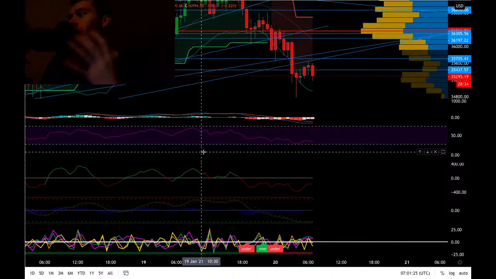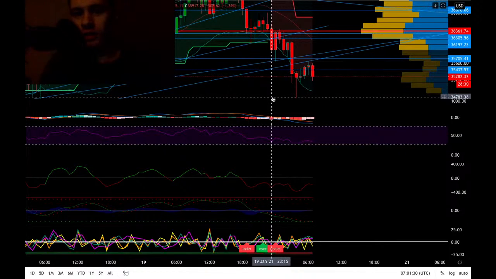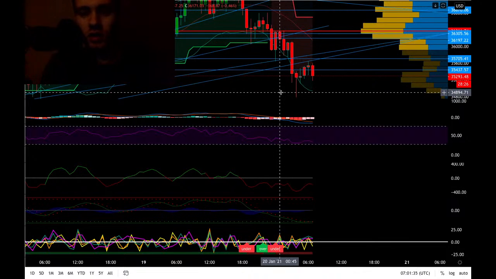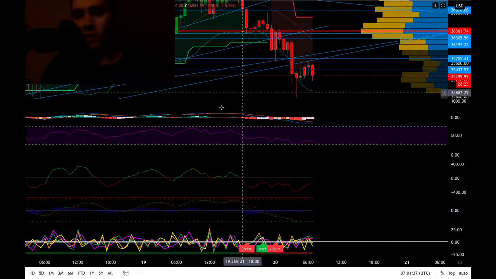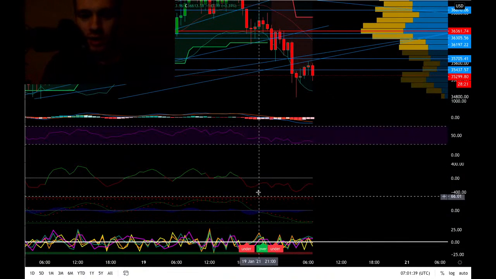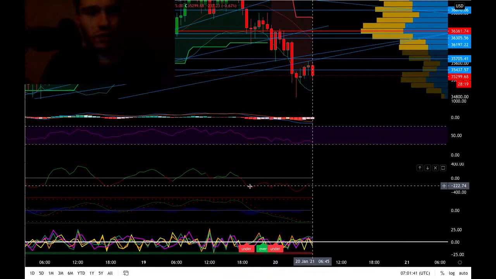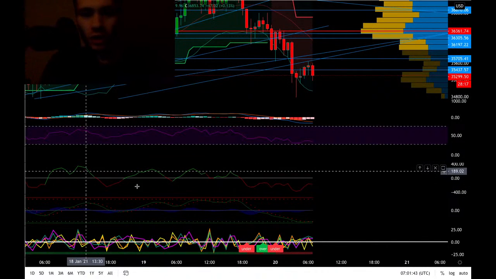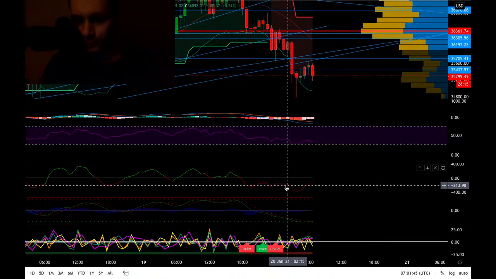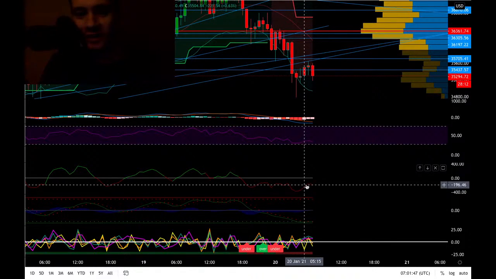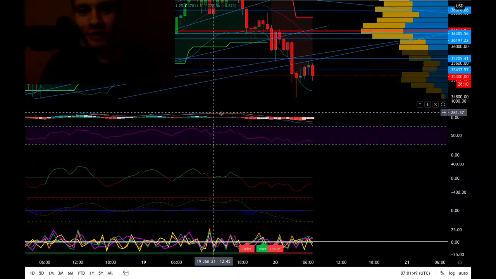But within a consolidation pattern, it's so difficult to use the MACD, the RSI, all the traditional indicators. So what I thought I would do is go ahead and get some fun indicators for us to look at. This one is basically like the MACD, but the MACD obviously is more detailed.